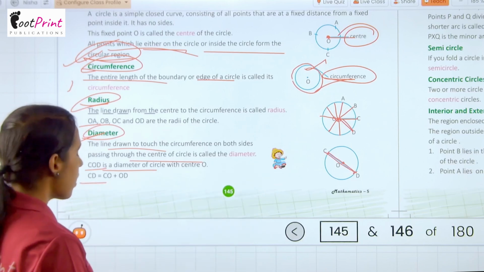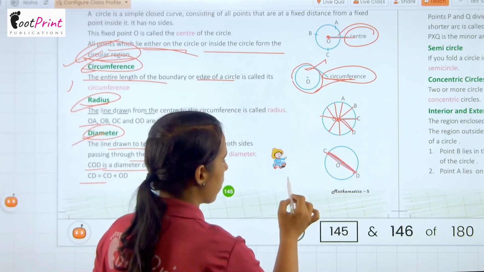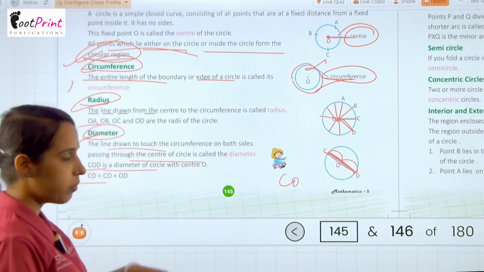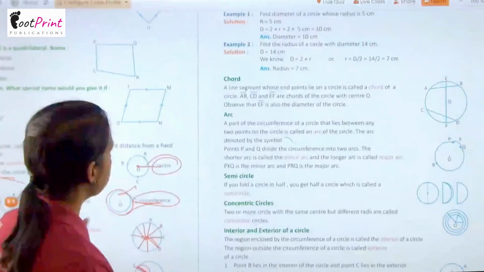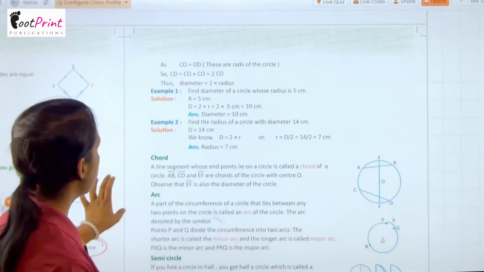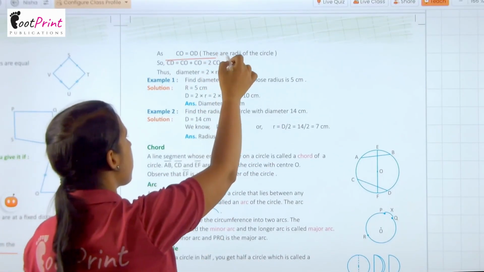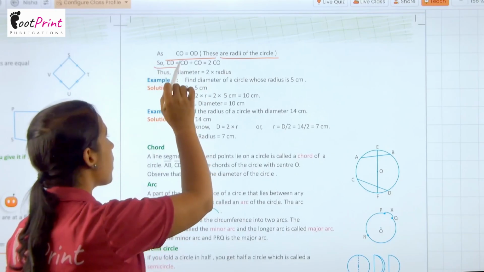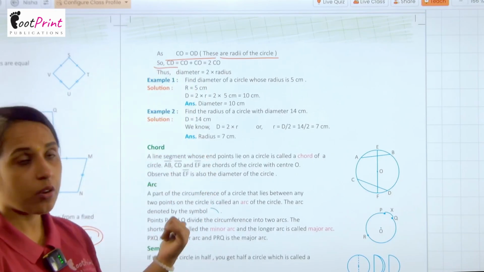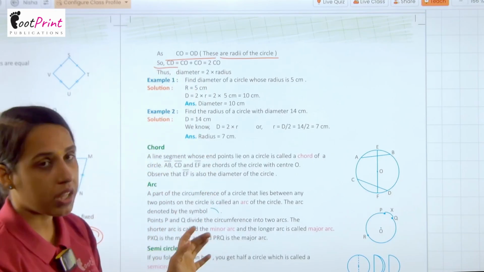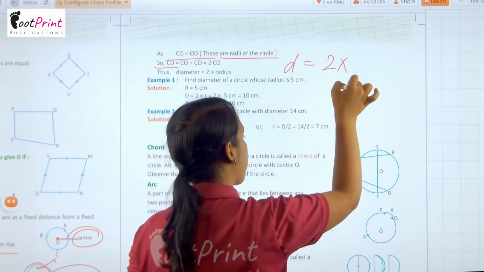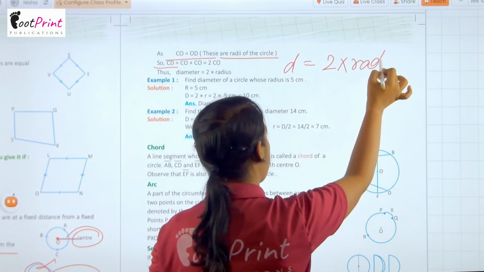So we can say CD will be equal to CO and OD. CO and OD will be equal, that is the radius of the circle, and we can say CD equals CO plus CO equals 2CO. It means we can say that the diameter is double, or twice, the radius.